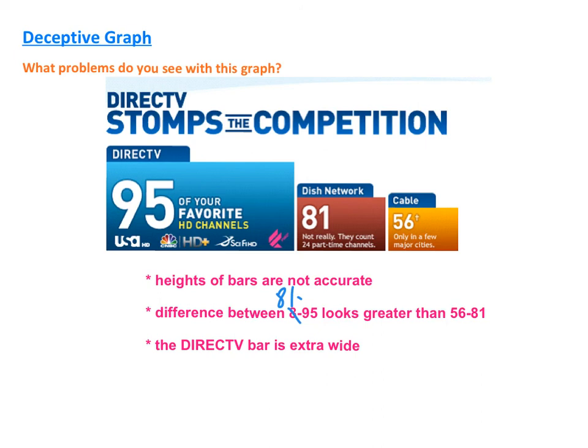It's with the intent of making the whole 95 channels from DirecTV. Excuse me, not just 95 channels, 95 of your favorite HD channels. How does DirecTV know my favorite channels? Maybe they did a survey. I don't know. Anyway, be aware of that. Those kinds of problems can come up in homework. The graphs can be misleading.